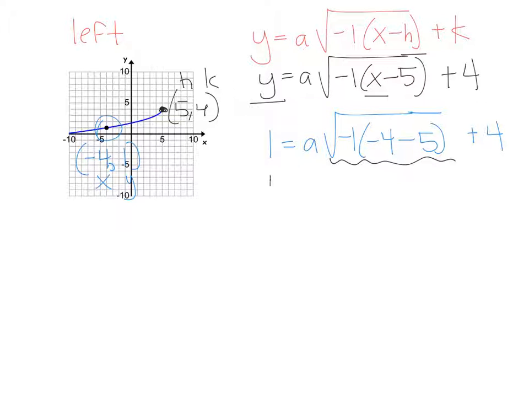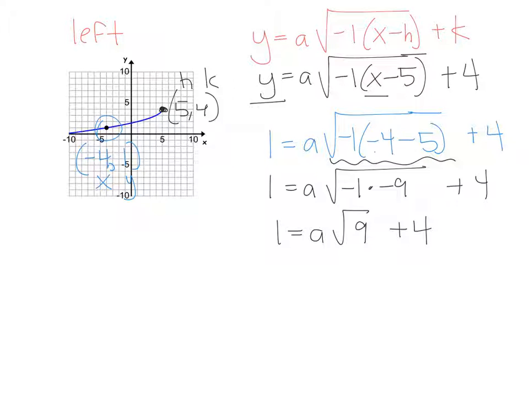I know that if I put negative 4 and negative 5 together, that'll be negative 9. So it's negative 1 times negative 9. If I forgot to put my negative 1 in, right now I'd have a problem because I would have a negative inside my square root. But instead I remembered my negative, so I have positive 9 inside my square root, which has a nice pretty square root of 3.